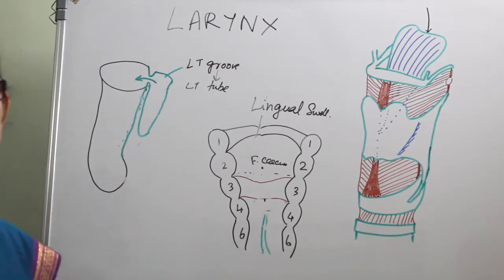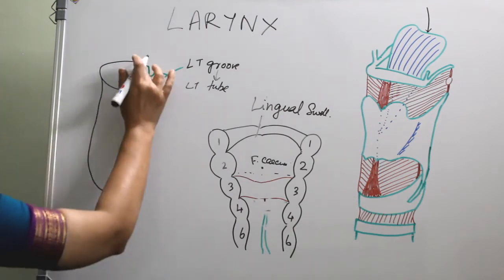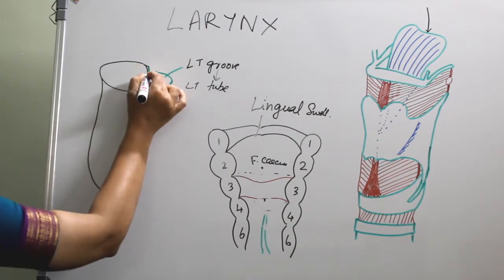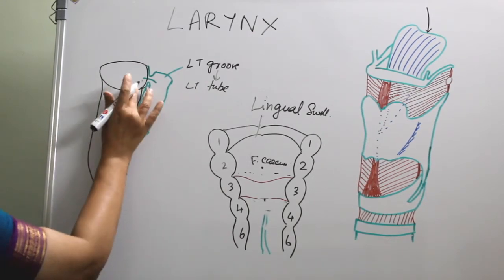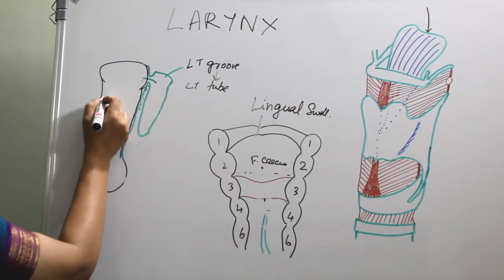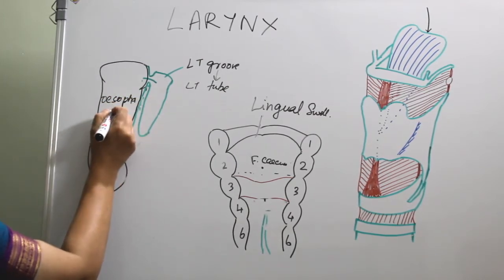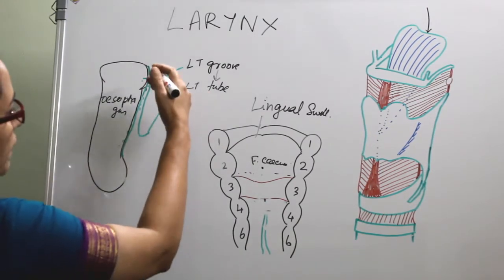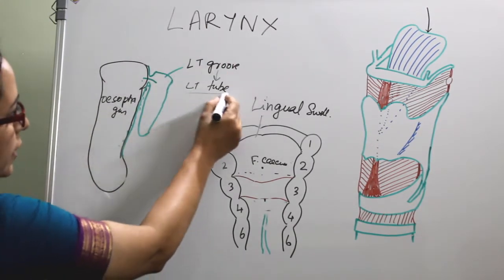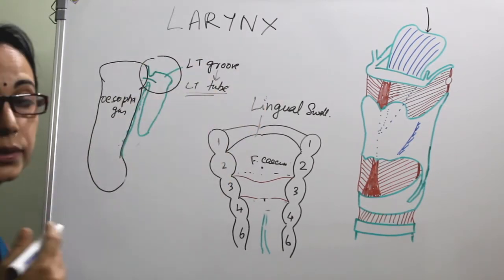And later this part becomes the esophagus. And from the cranial end of the laryngotracheal tube, this area, that becomes what?